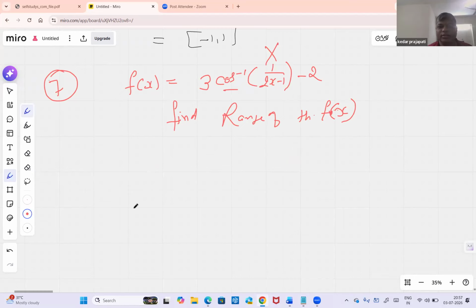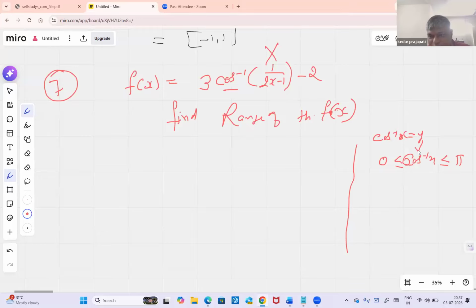This side you write in rough: the range of cos inverse x, taking cos inverse x as y, is between 0 to pi, correct? This is the range, not x. X is the domain. Cos inverse x is always taken as y. So y is between 0 to pi.